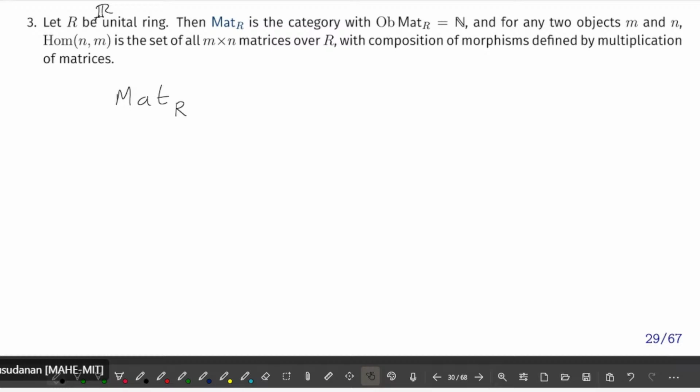R, okay. But the objects of the category are what? Are natural numbers. Object is a natural number.